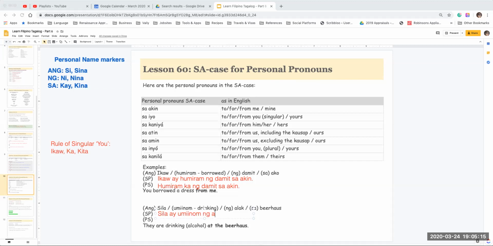Ng alak. Where are they drinking? Sa beer house. Ooh, Filipinos love beer house.